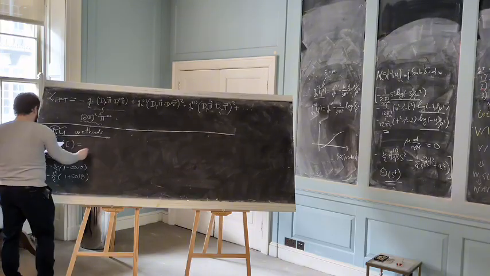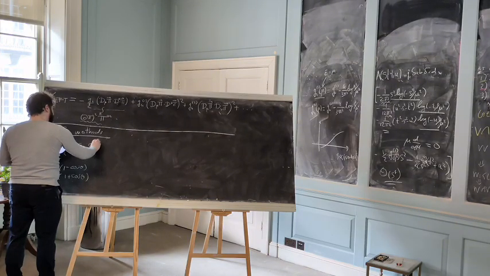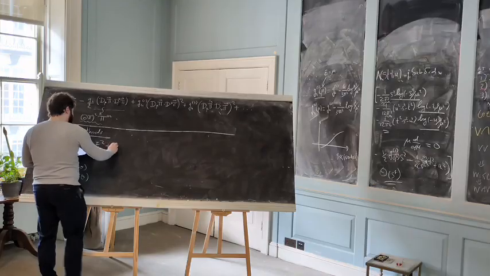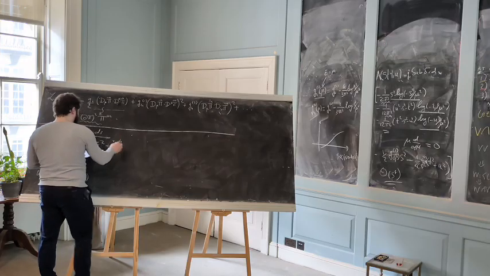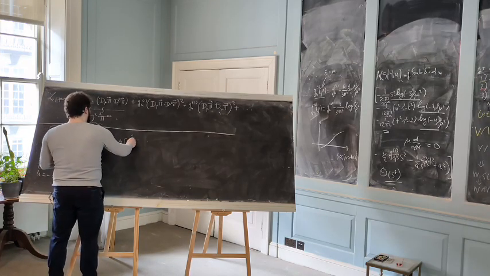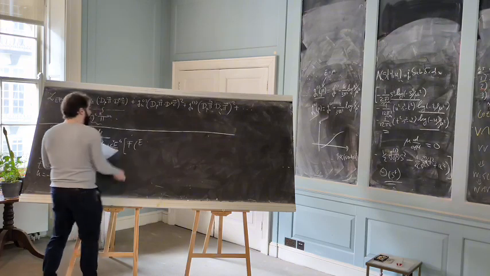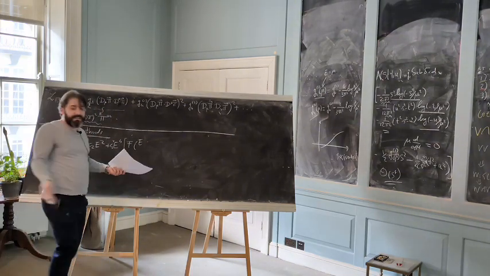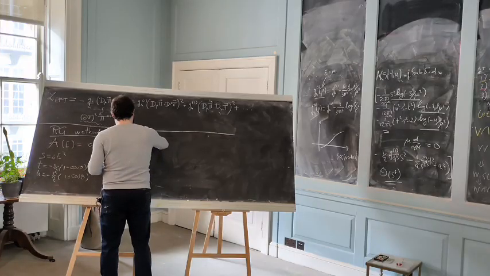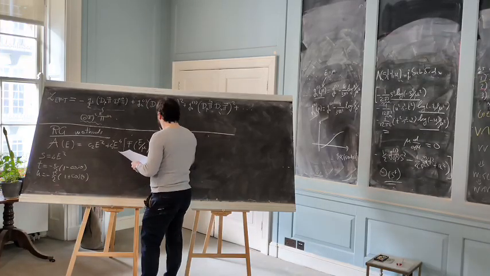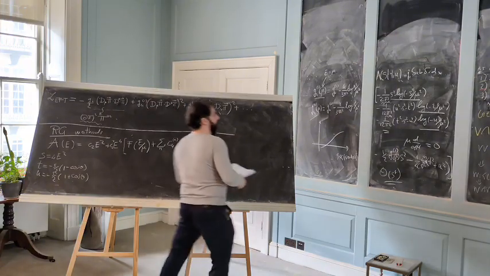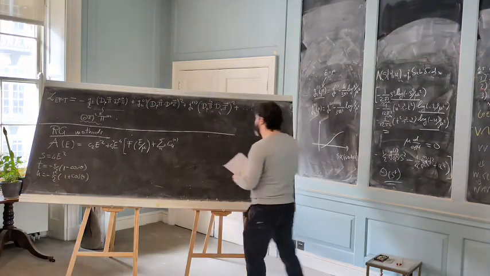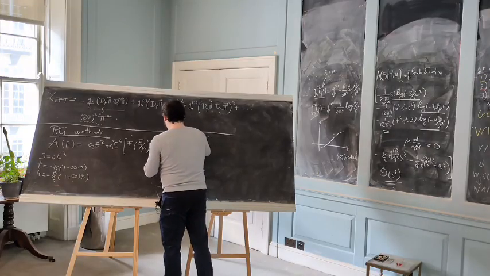So I write this function as some coefficient C2 times energy squared, and then there will be some energy to the 4. Then there will be a function, which is this loop function that only depends on dimensionless variables. This is like a transcendental function, so it will be a function of energy divided by some scale mu, plus a sum over n of these local interactions, this G41, G42, that now I call C4, following Weinberg.